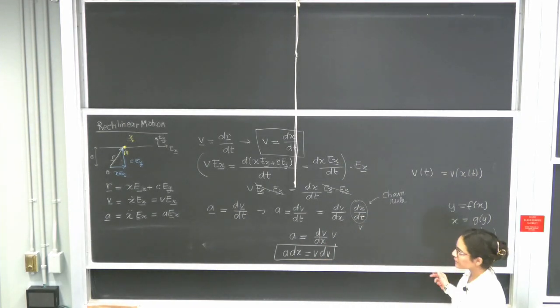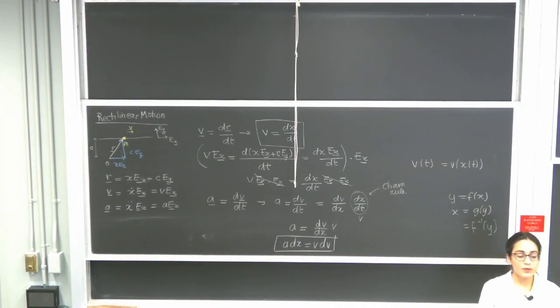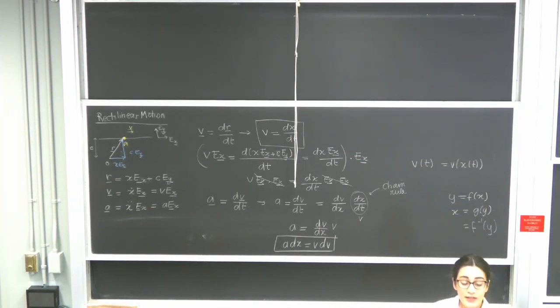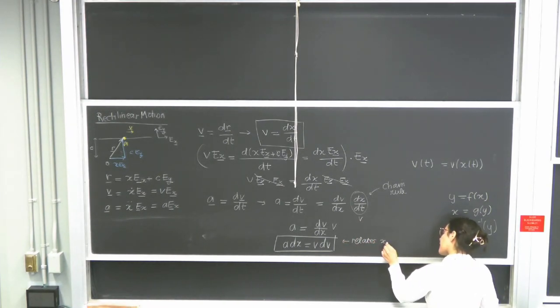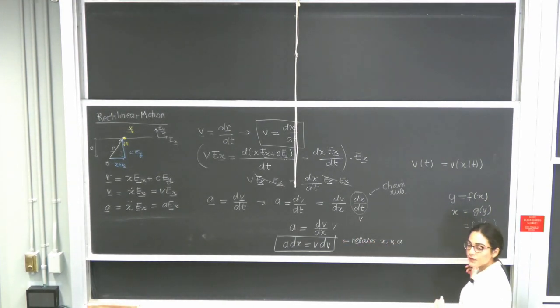Maybe you've used this equation before. What it does is it relates the position, the velocity, and the acceleration without relying on time. So it relates x, v, and a without explicitly relying on time.